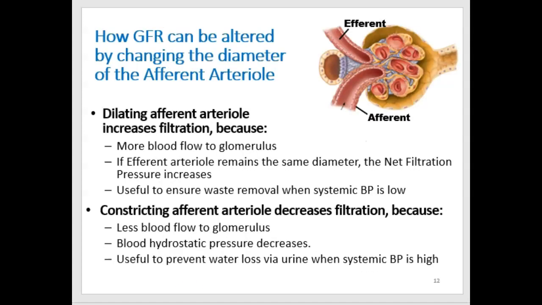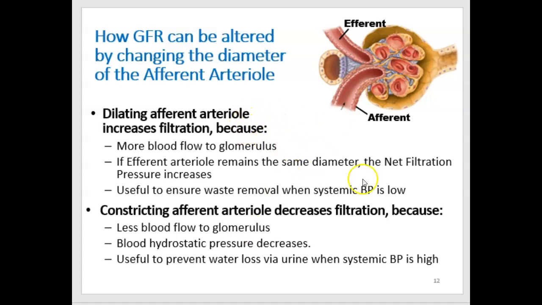So the first thing to consider is how glomerular filtration rate can be altered. Before we talk about how the mechanisms work to keep the glomerular filtration pressure, the pressure in the glomerular capillaries, constant, independent from systemic blood pressure, we first just have to know how it can be altered.